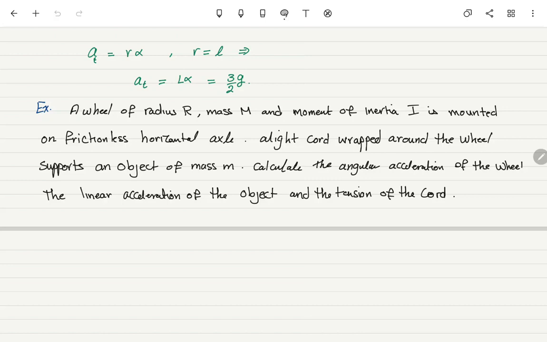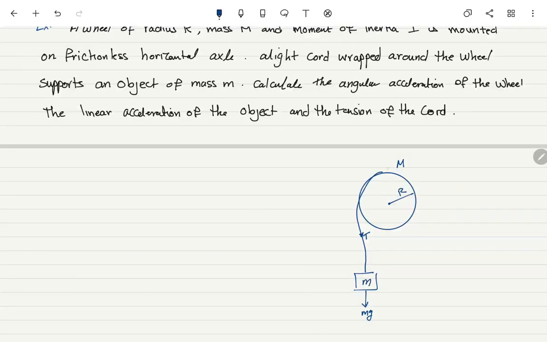Calculate the angular acceleration of the wheel, the linear acceleration of the object, and the tension of the cord. Let's graph the situation here. So here's the wheel with mass capital M, and the radius for this wheel is equal to r. And here's the rope connected with mass m. Now we have here tension, and the weight for this mass is equal to mg.